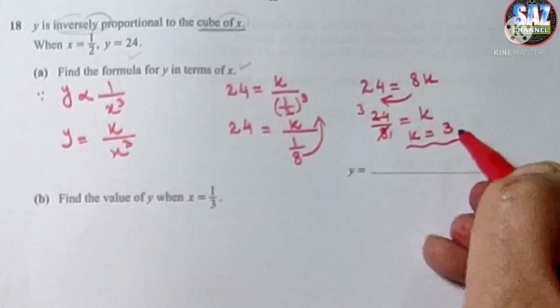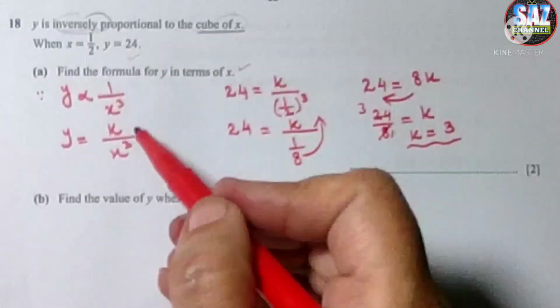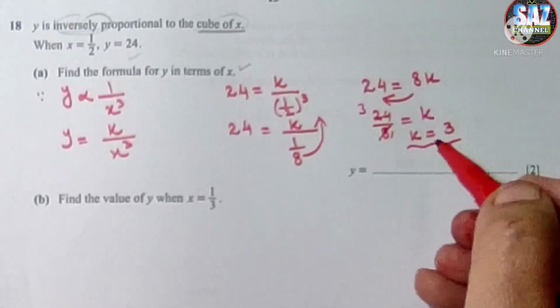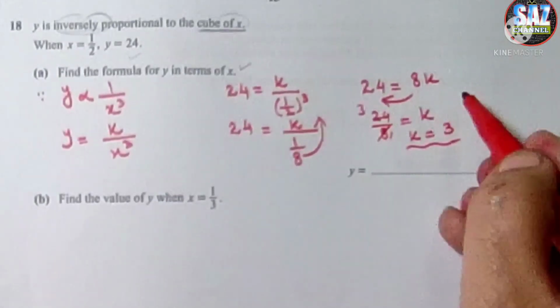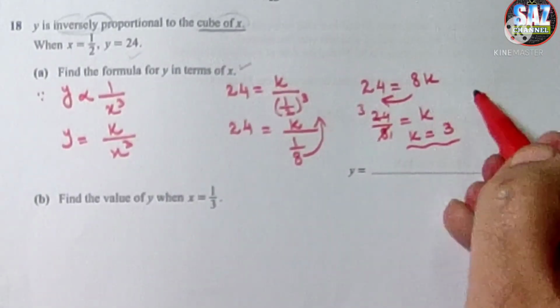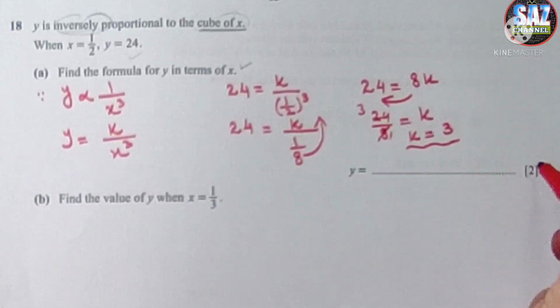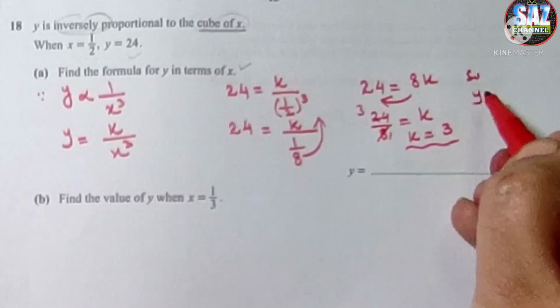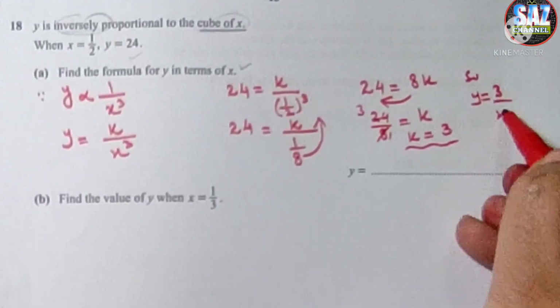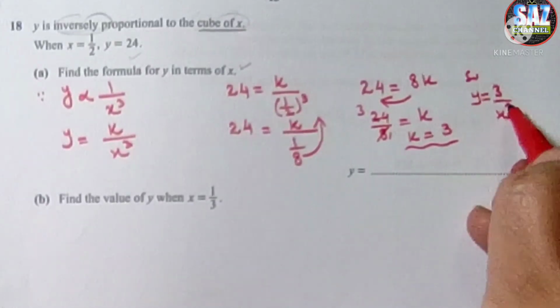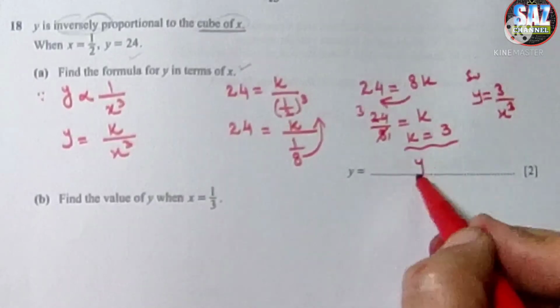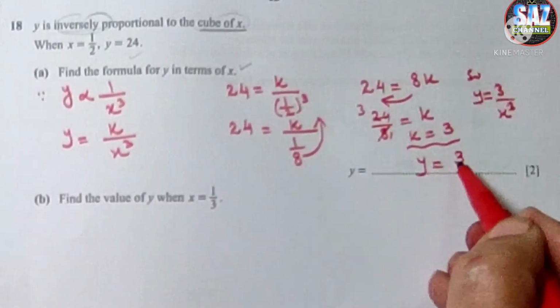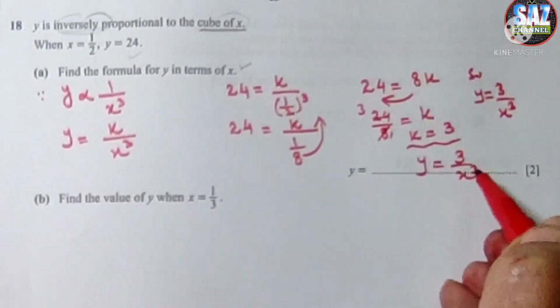So we have found the constant of variation, and now we have to write the equation connecting. So y equals 3 over x cube will be the required final answer, and fill up the answer space as well. Y equals 3 over x cube.